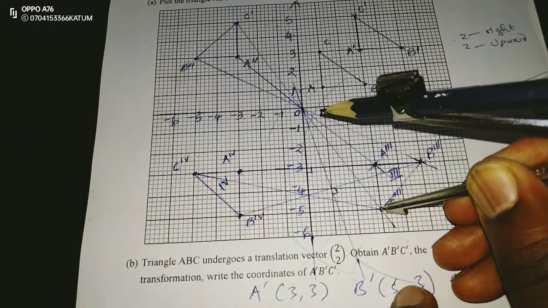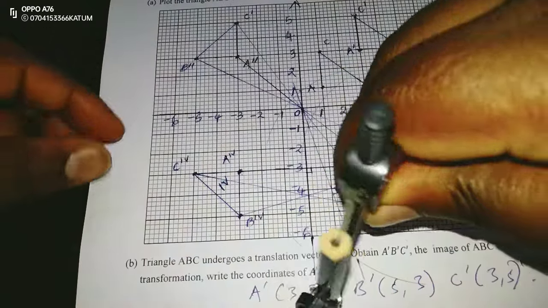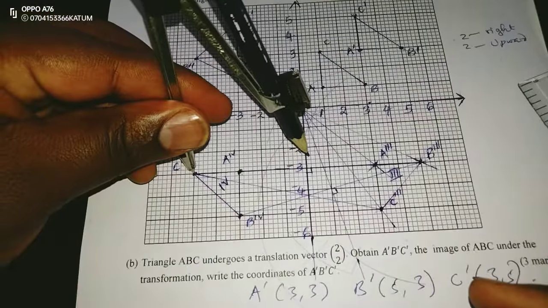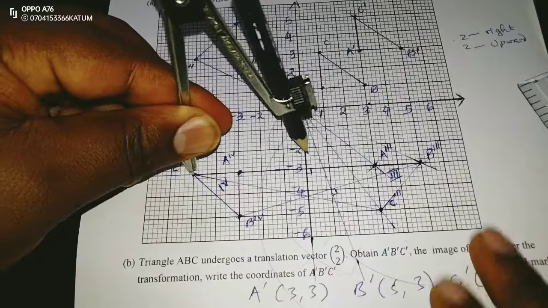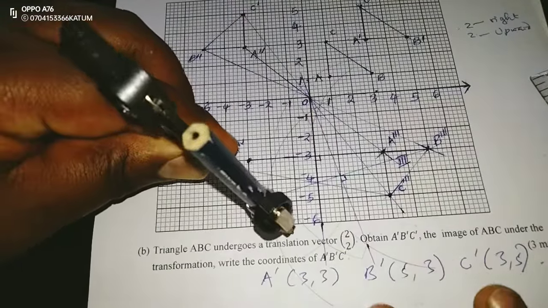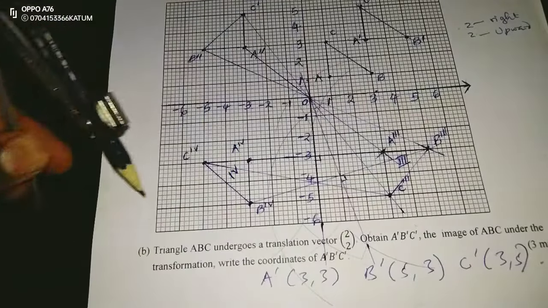So standing at this other C, we can make some arcs. Then we stand here to cut those arcs. Make an arc there and an arc here.